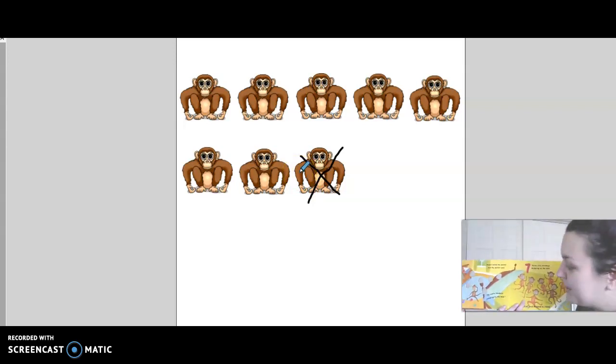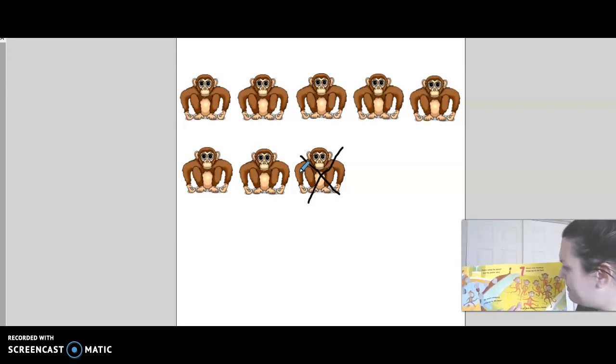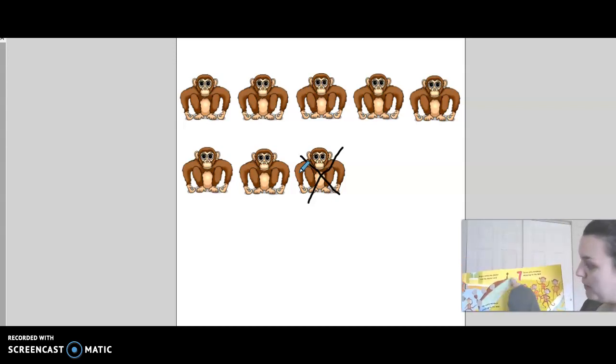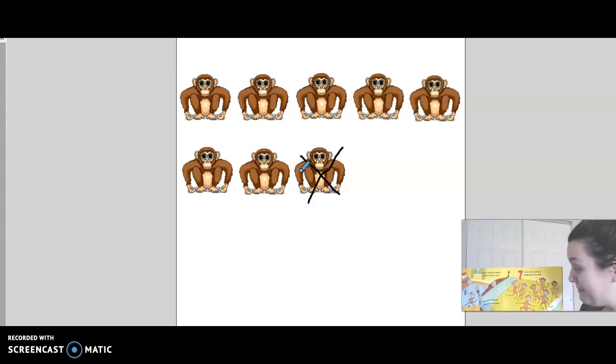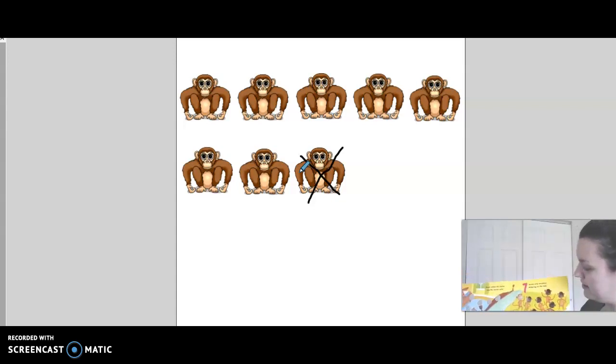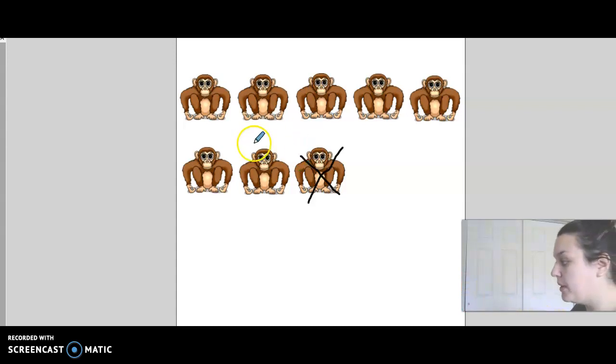Mama called the doctor, and the doctor said, "No more monkeys jumping on the bed." What number is that? 7. 7 silly monkeys skipping on the bed. One fell off and bumped his head. So we've got to cross out one more because we've got to subtract one because he fell off and bumped his head.